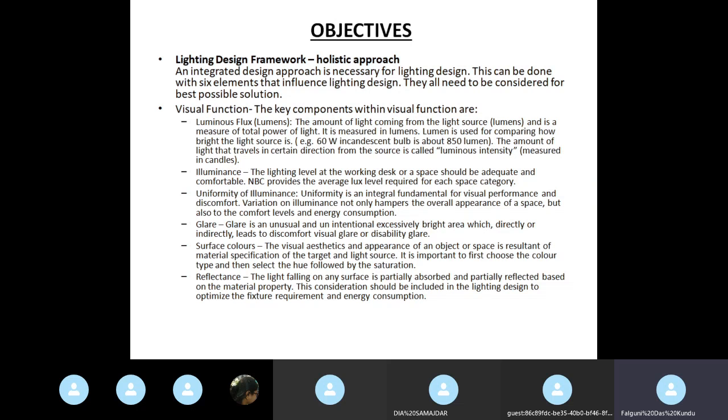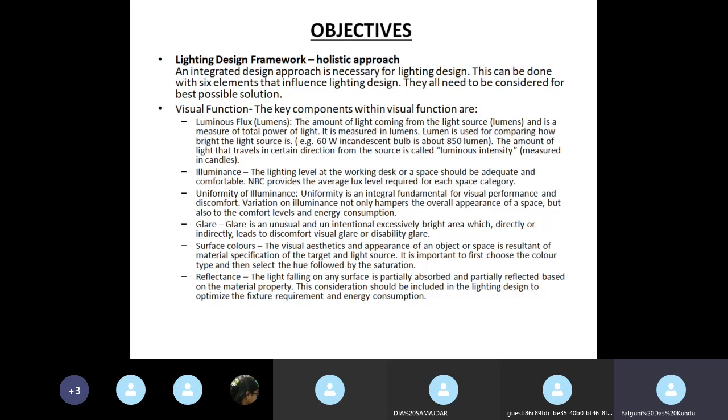It is important to first choose the color type and then select the hue followed by the saturation. The number 6 is the reflectance. The light falling on any surface is partially absorbed and partially reflected based on the material property. This consideration should be included in the lighting design to optimize the fixture requirement and the energy consumption.